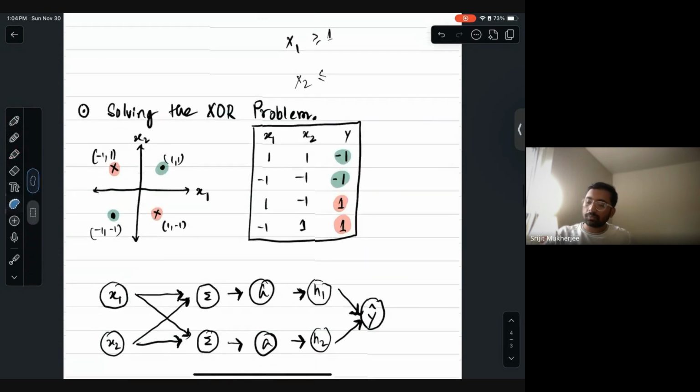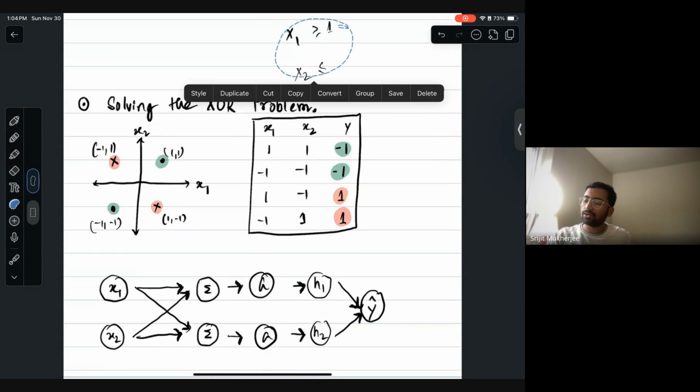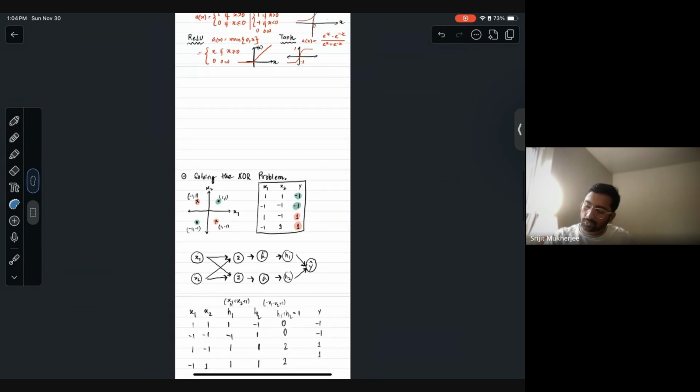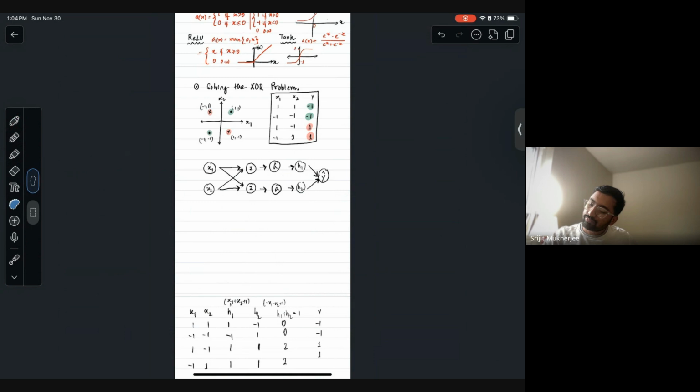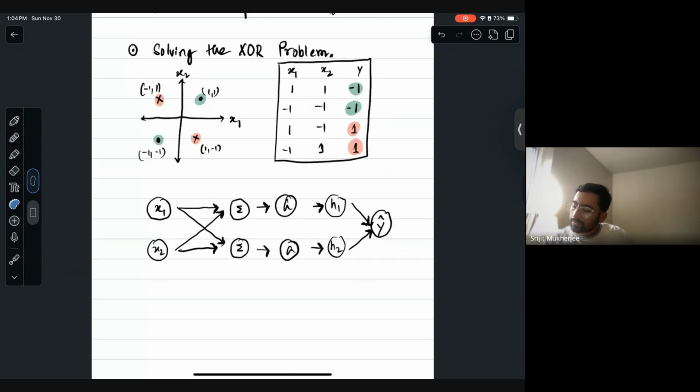To make you understand why nonlinearity is important, let's solve this problem called the XOR problem. What is this problem saying? The problem is this: you have 4 data points: (1, 1), (-1, -1), (1, -1), and (-1, 1). You see that (1, 1) and (-1, -1) are colored green, which let's define as class minus 1, and the other two, colored red, are a different class.